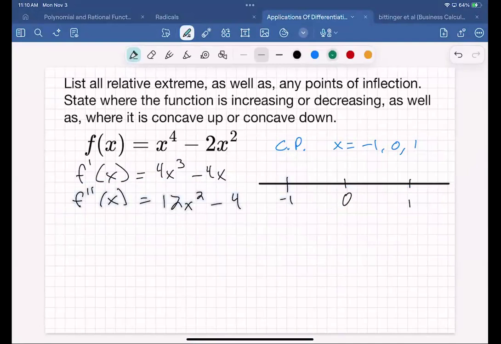Now, make sure you see that for each critical point you have, you're going to have an interval on either side of it. So what we need to look at are these intervals now to determine if it's increasing or decreasing. Okay. The one nice thing about this, remember, all we need to do is go see what's going on with the derivative. If the derivative is positive, it's increasing. If the first derivative is negative, it's decreasing. So picking values is all we need to do here.